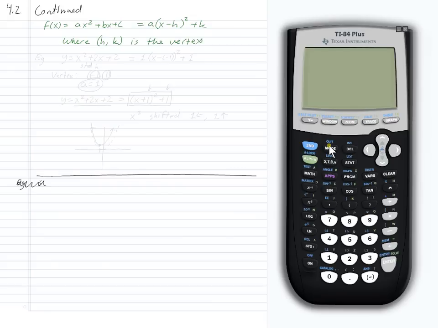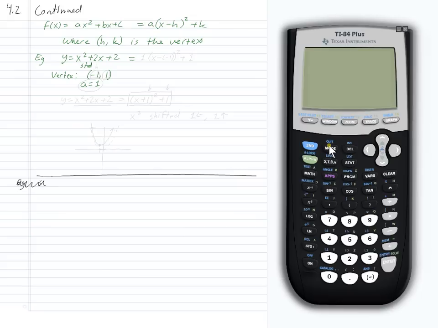Okay? So for example, the parabola we just looked at, y equals x squared plus 2x plus 2. Remember, this guy had a vertex located at negative 1, 1. And a for this parabola was 1. So we could cobble together vertex form. Here we have standard form.